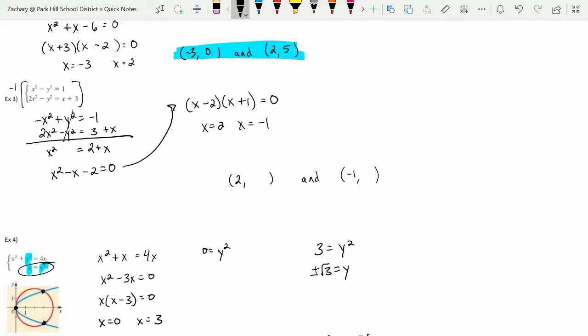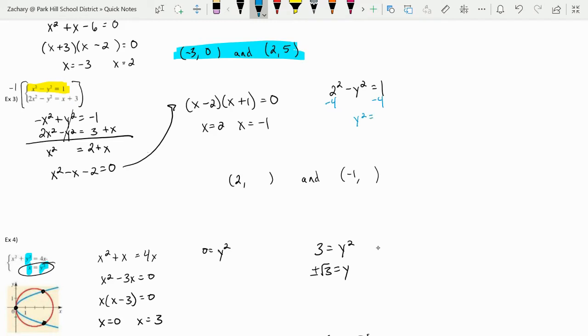And then what we're doing here is picking an equation to plug it into. I'm just going to use this top equation. So if I do 2 squared minus y squared is equal to 1, to solve for y, I would subtract 4 and then divide by negative 1.